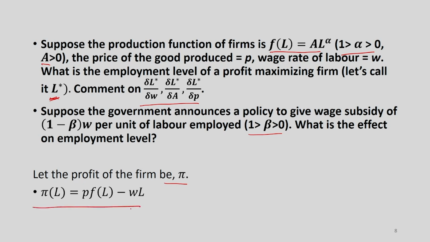So, here is the profit function: p multiplied by Q, where Q is nothing but the production function, minus the cost. What is the cost here? There is only one input that we can see. So, cost is minus wL, the wage rate multiplied by the labor employment.